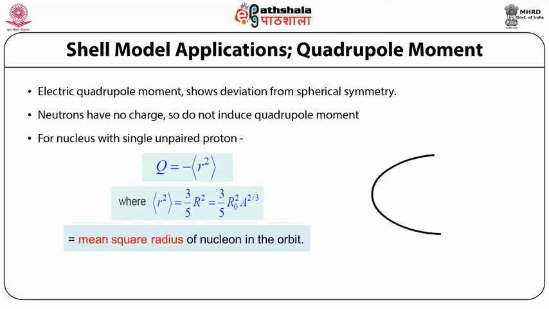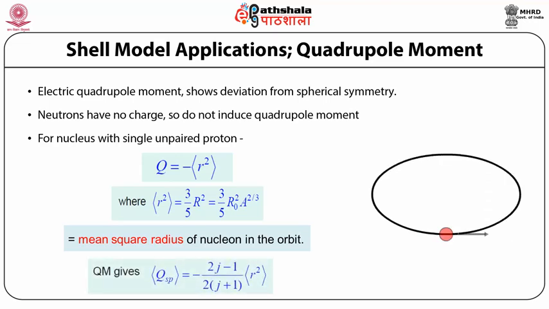This is called the mean square radius of a nucleon in the orbit, where R0 is a constant and A is the nuclear mass number. So, quantum mechanically, the expectation value of quadrupole moment as per the shell model is equal to minus (2j minus 1) over 2 into (j plus 1), times the mean square radius.